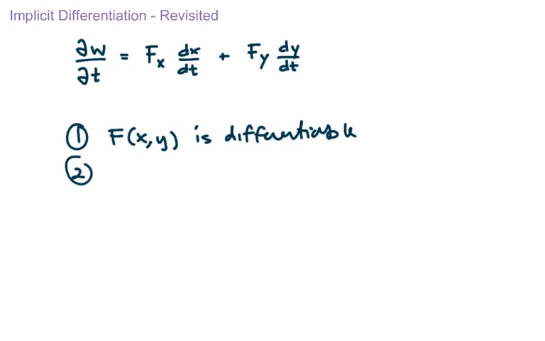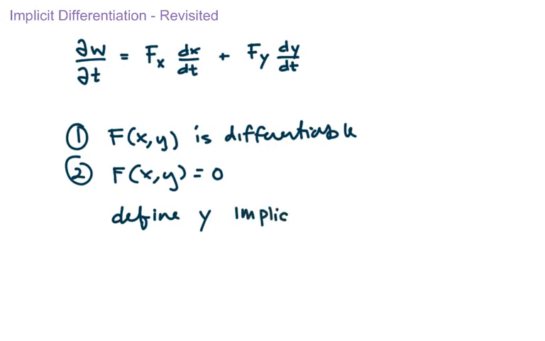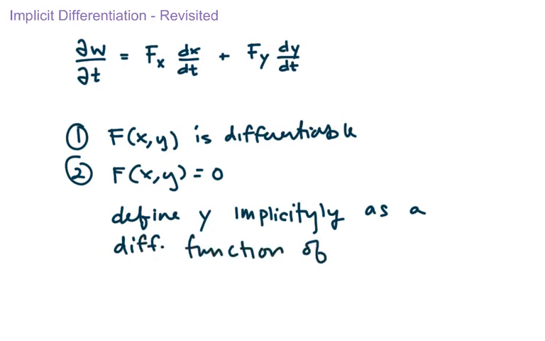And then also what we're going to assume is that the equation f of x, y being equal to 0 can define y implicitly as a differentiable function of x. So say we have y is some h of x.